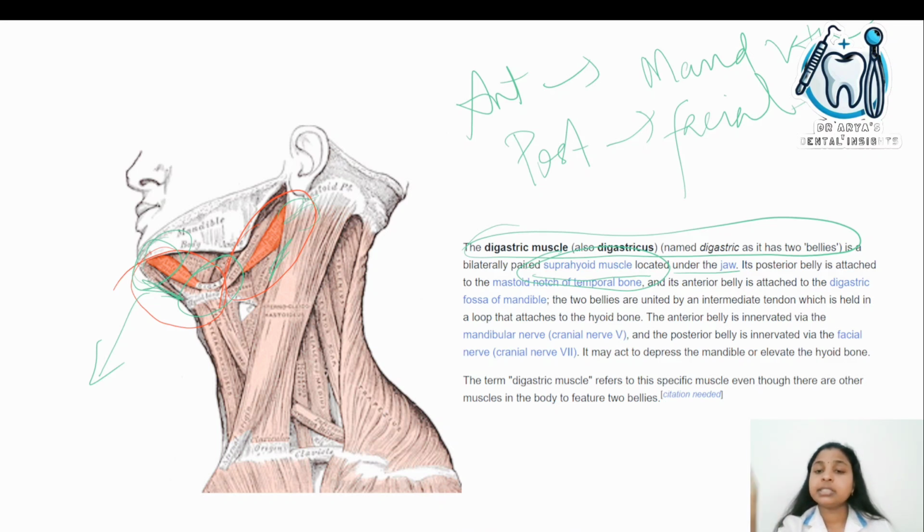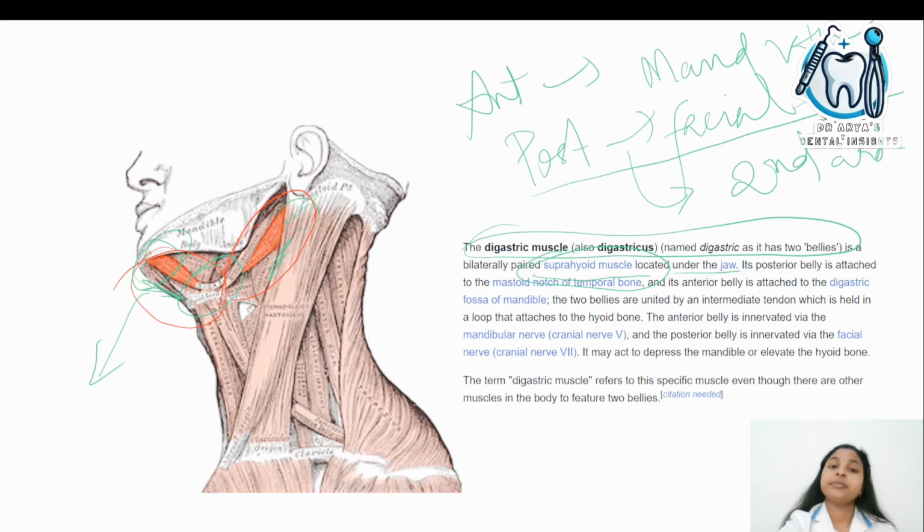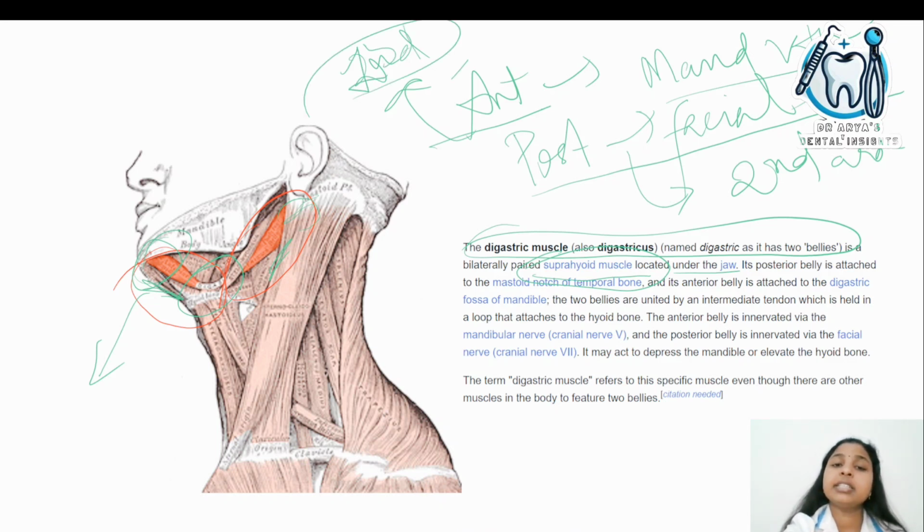The posterior belly is derived from the second pharyngeal arch, and the anterior belly is derived from the first branchial arch. So anterior is first and posterior is second.